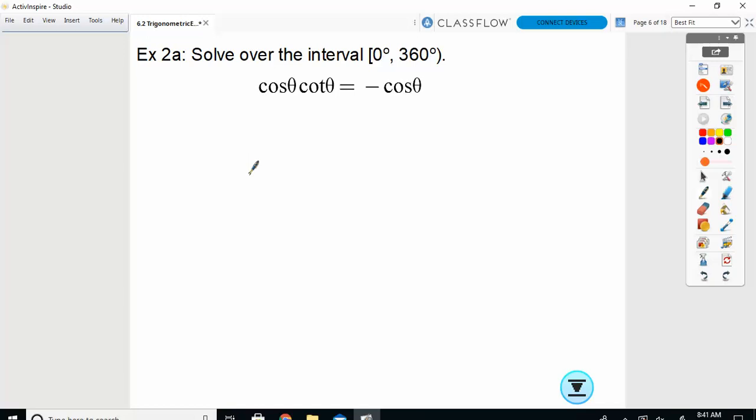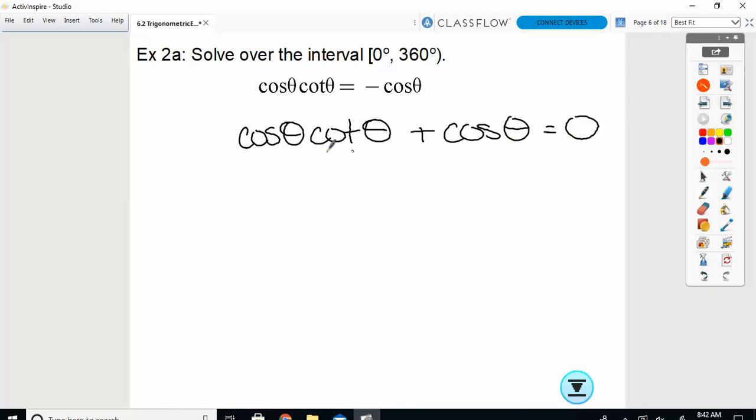But we have x in both of them, don't we? Yeah, we would bring the x over and then we could factor out the greatest common factor. So that's what we're going to do here. So we're going to bring over that cosine theta. So now I have two terms.